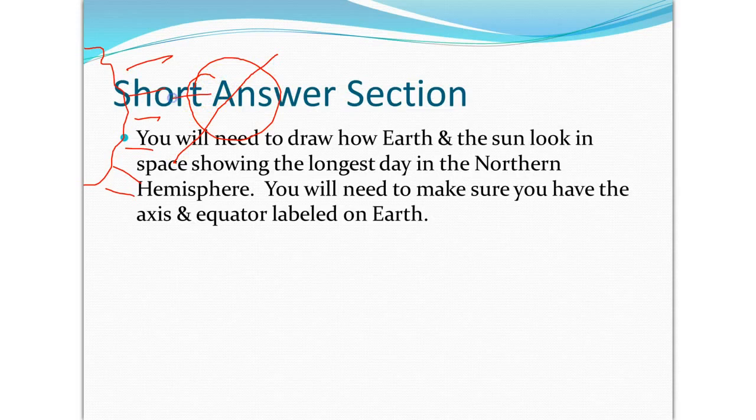This top part needs to be towards the sun. Southern hemisphere is going to be away. So you will need to label the axis and the equator. So label those. So if this is my equator here, then my axis is going to be the dotted line that I have going through.